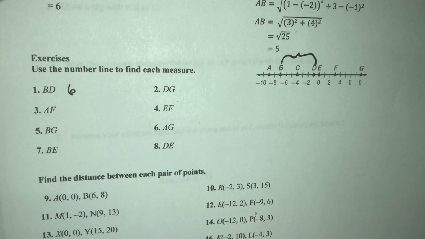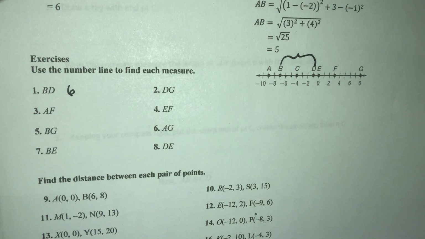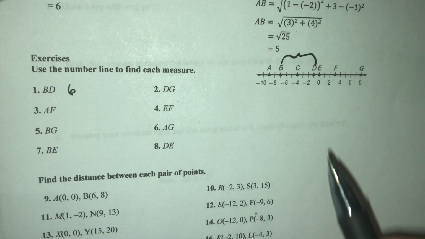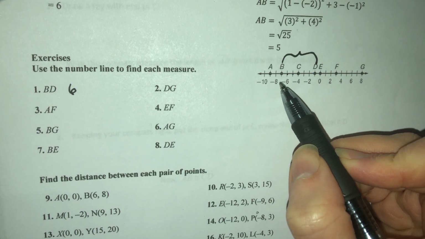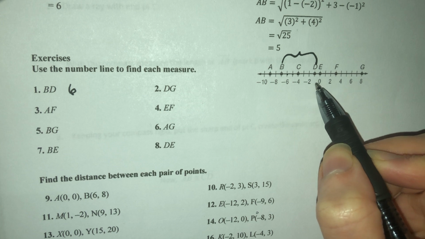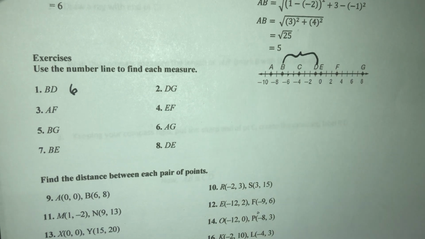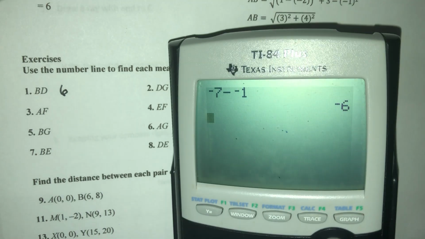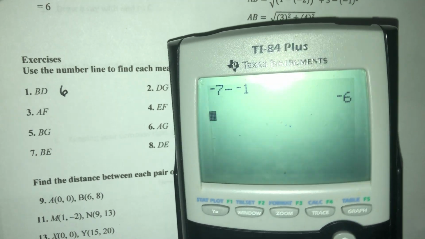When we're talking about the distance between 2 points, we're saying how far are they from each other. So we want that to be a positive even if you get a negative. So it would be -7 minus -1. So if you do that, say on your calculator, -7 minus -1, that equals -6. But then you have to do the absolute value of that, so you just do +6.